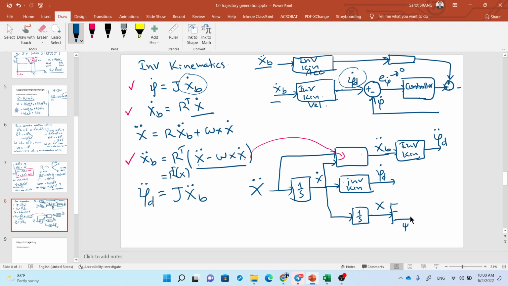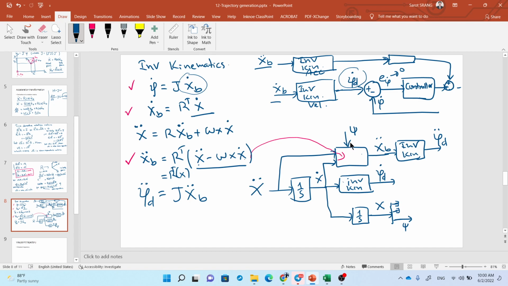You also need to use it in here. Okay, just connect to here. Let's say this is just a terminator. Okay, psi is used here.